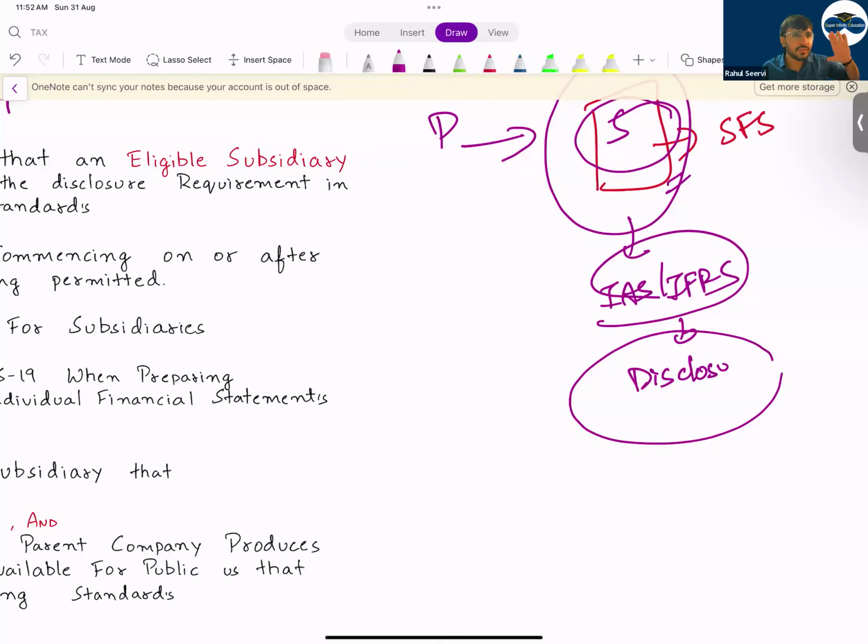IFRS 2, for example, will give a very big disclosure requirement. In that case, if it meets the definition of eligible subsidiary as per IFRS 19, it need not provide the detailed disclosure. It can provide reduced disclosure. And the disclosure which you are reducing should be very important.